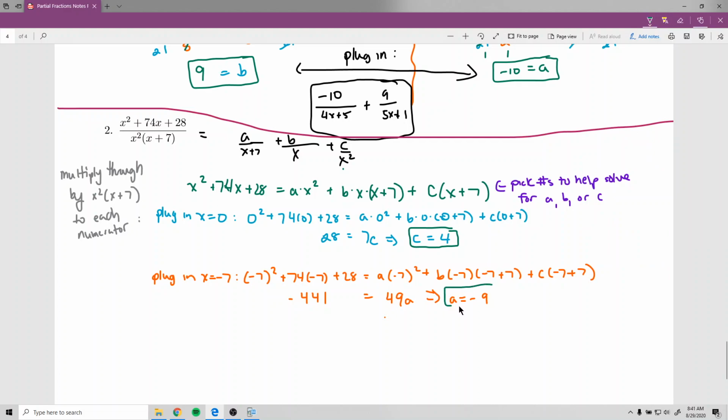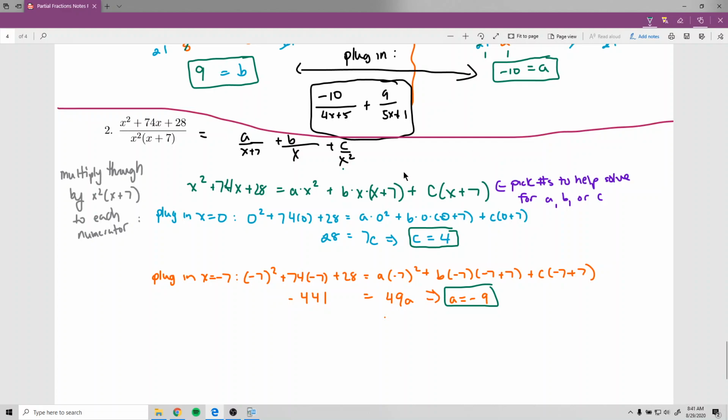Right, so we've got A and C. We still need to solve for B. Now, if you're thinking, what's the next best number to plug in? What you're going to find is that you're not going to get something as easy to get everything else to cancel out, because the only two numbers that make stuff cancel are 0 and negative 7.